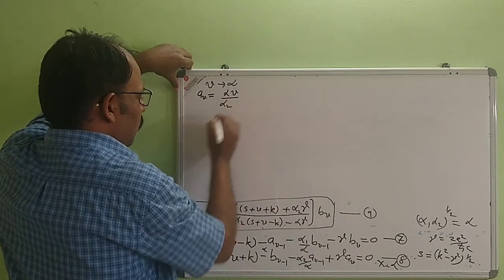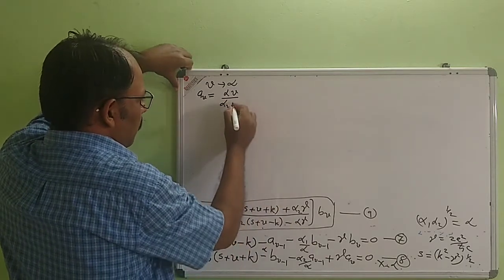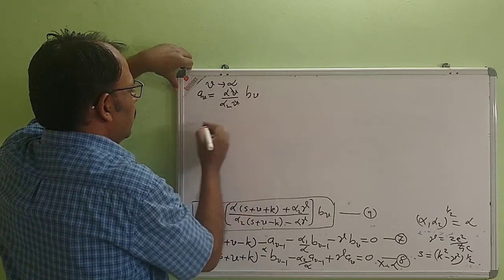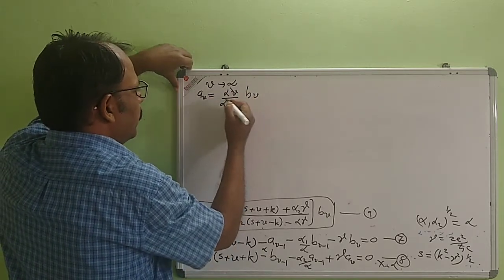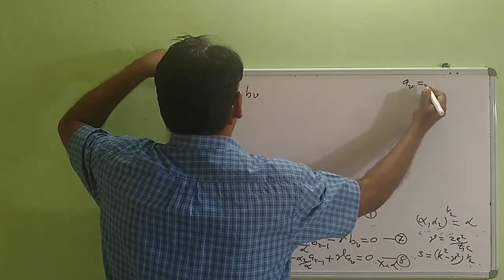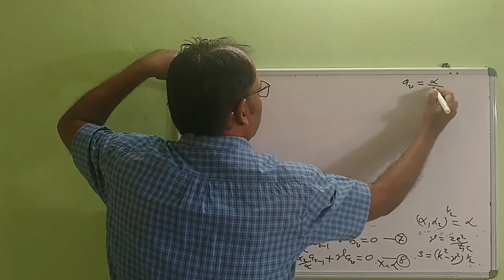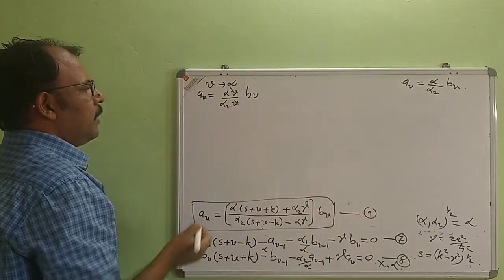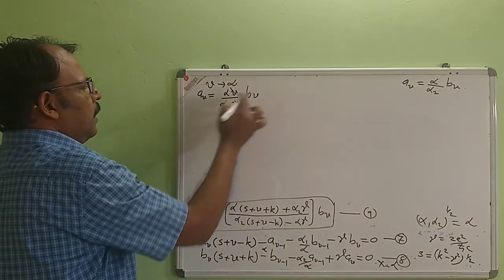So in the denominator we will have alpha 2 V into BV. This V will get cancelled. So when V is very high, we have AV equal to alpha by alpha 2 BV.